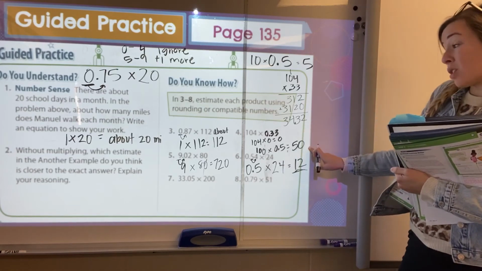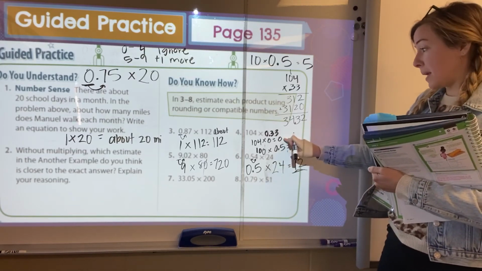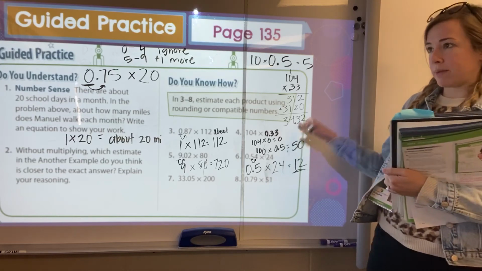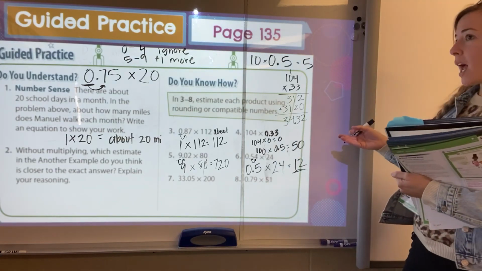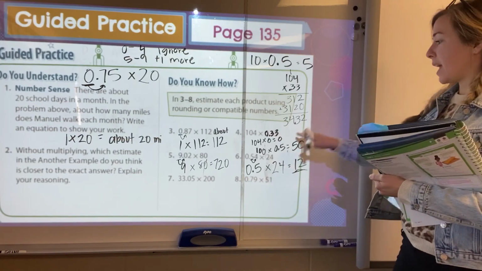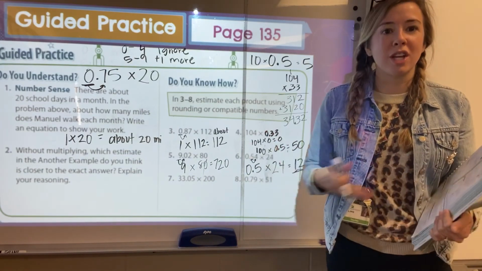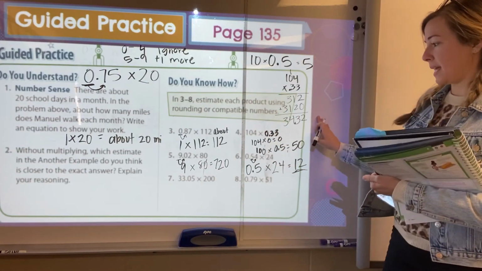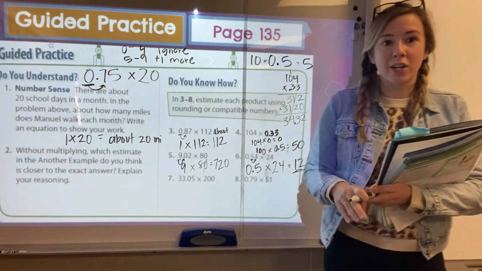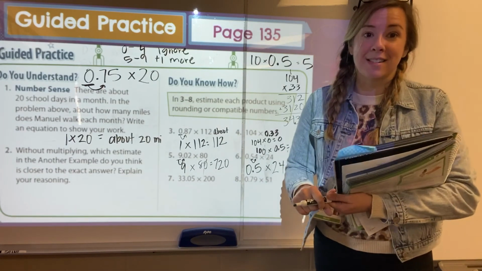And so that's closer to 50 than it would be to 0 because we know 25 would be in between. And you don't ever want to underestimate down to a 0 because then your answer is just totally off from what it would be. So using that halfway marker can be really helpful in today's lesson.